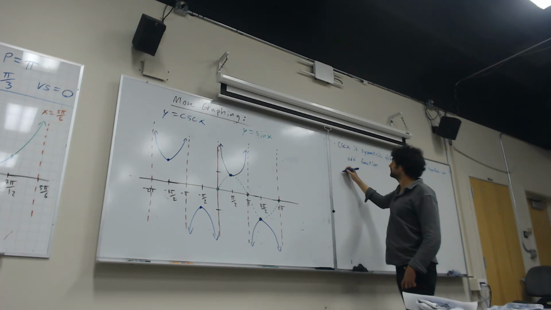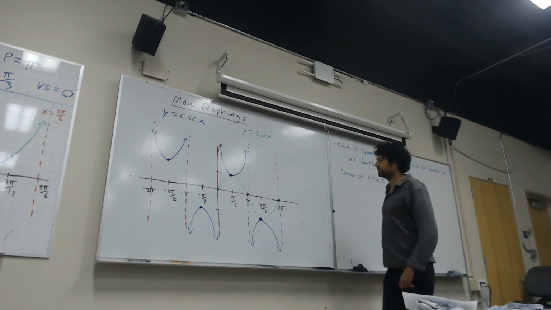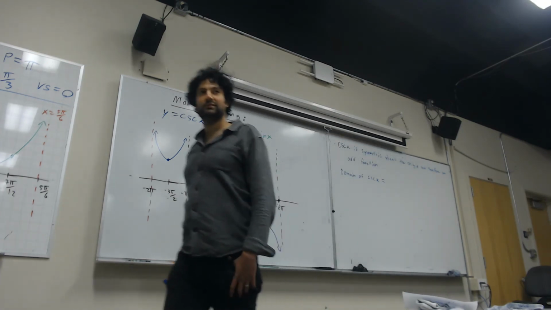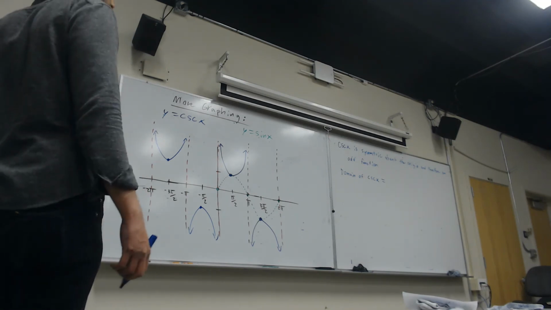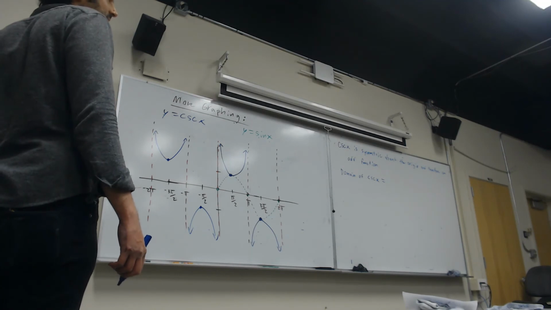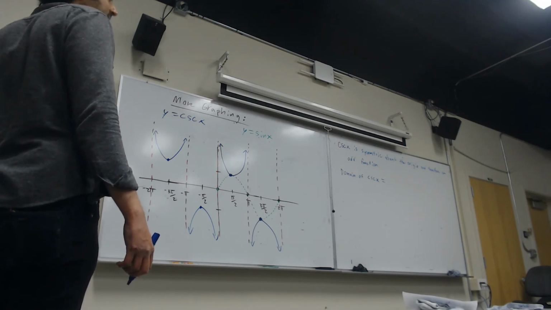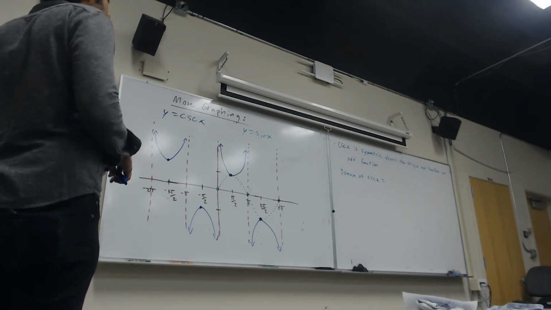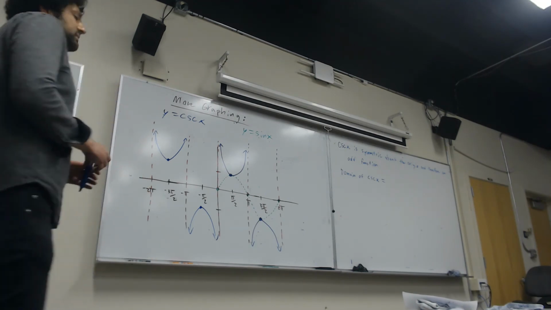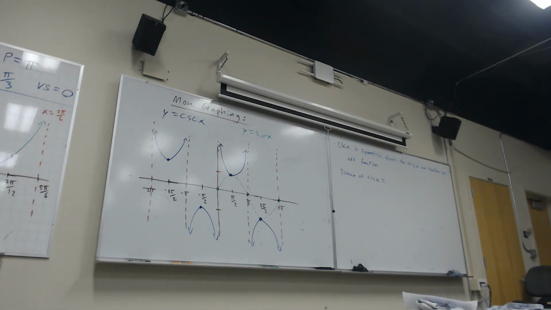Domain? Is it all real numbers? No, because there's asymptotes. When you're looking at a domain that has a vertical asymptote, those aren't in your domain. Any place you see a vertical asymptote, that's not in your domain.